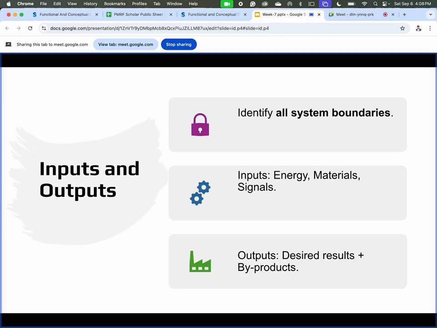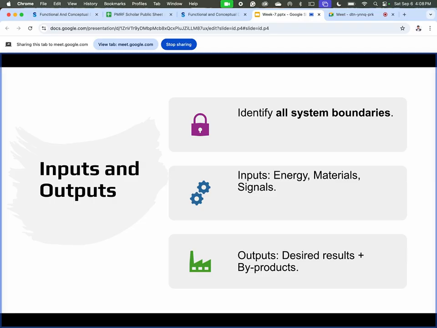Next is inputs and outputs. Once the black box is defined, the next task is to identify all the inputs and outputs. This step is critical because functions cannot exist in isolation. They always act upon something.